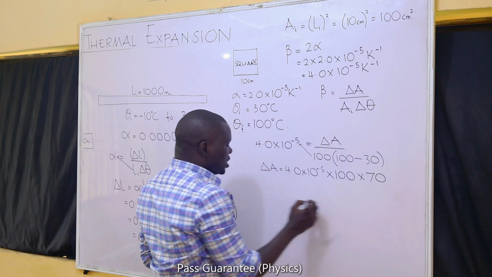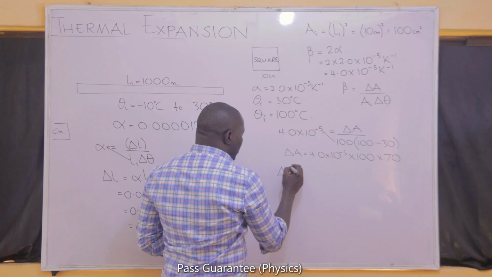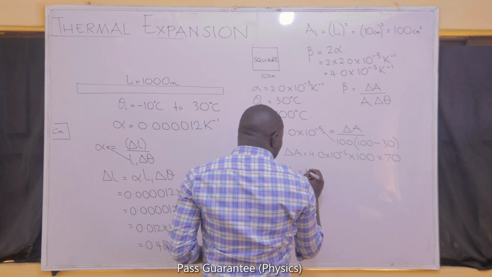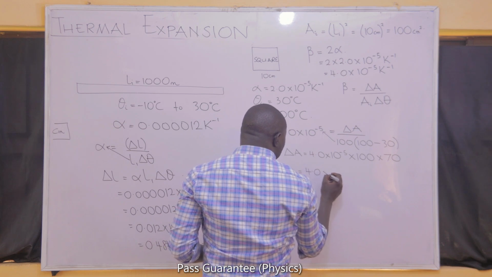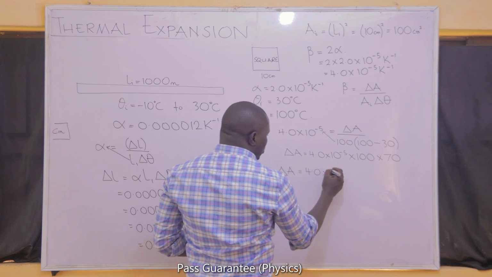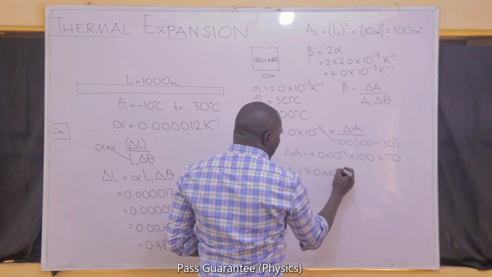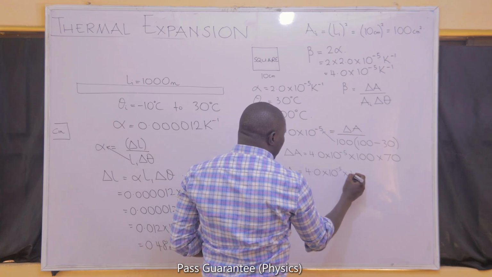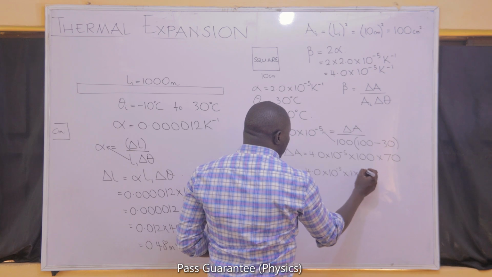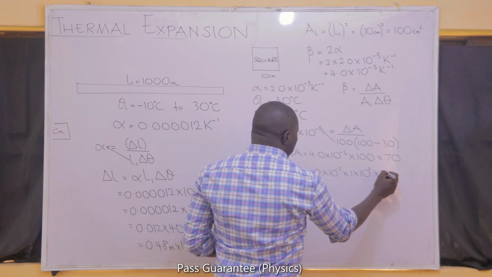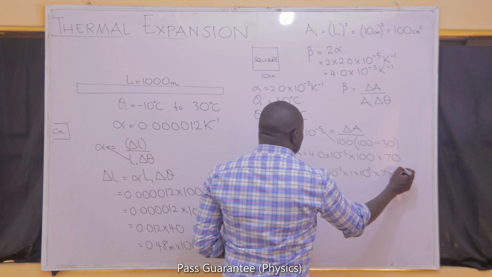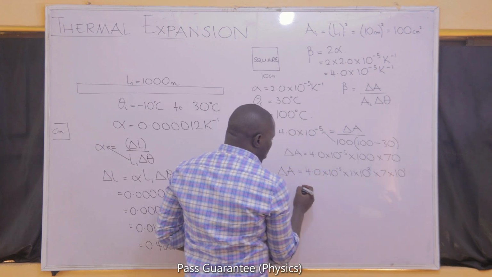If we continue with that evaluation, we should have 4.0 multiplied by 10 raised to the power minus 5. I wish to express everything in standard form. 1 times 10 raised to the power 2, that is 100, and 7 times 10 raised to the power 1, that is 70. So we can continue.